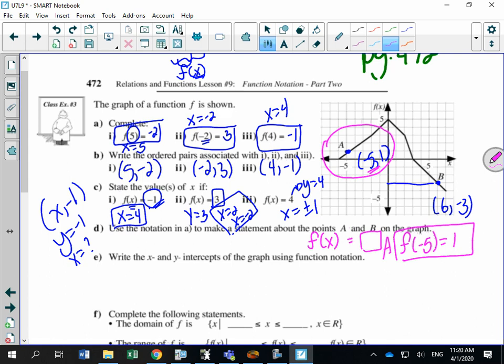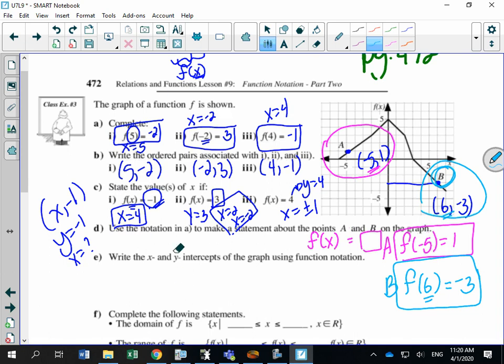That would be point A. Point B, let's do it in blue. F of, we always put our x value in the bracket. So when x is 6, what was the corresponding y value at this point here? And the corresponding y value is -3. So f at 6 is equal to -3.